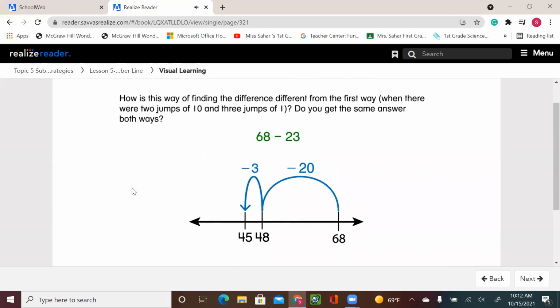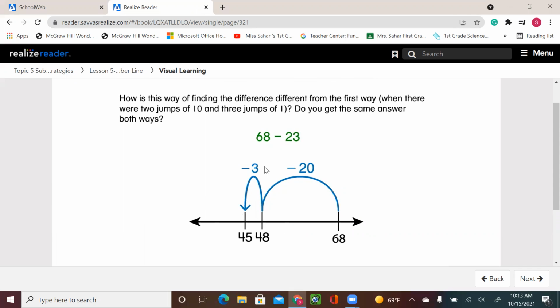How is this way of finding the difference different from the first way, when there were 2 jumps of 10 and 3 jumps of 1? Do you get the same answer both ways? Yes, we get the same answer, because in both ways we subtract 23, or we add our jumps and they were 23.